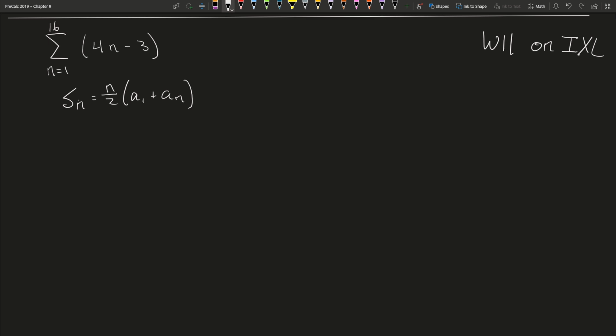Okay, so in this case, we're finding the 16th partial sum, where the first term is just 1.